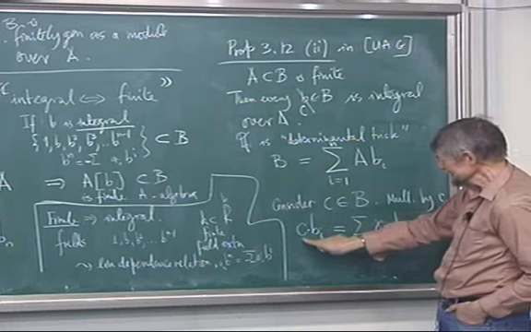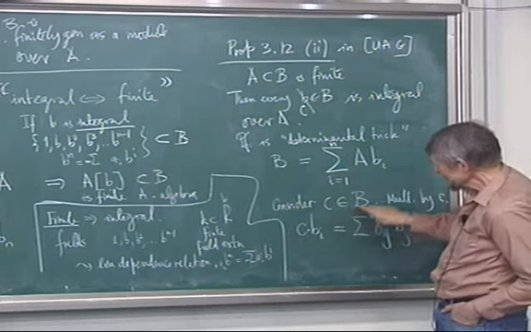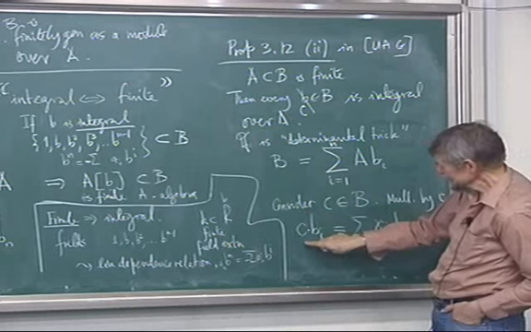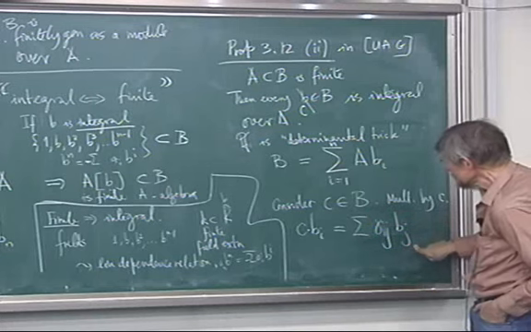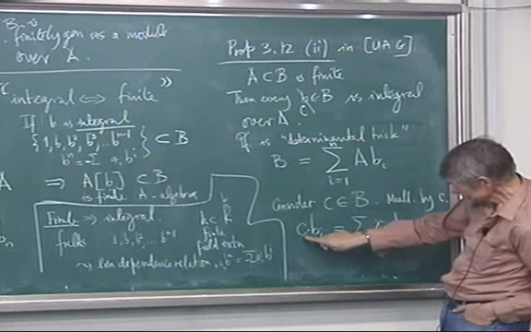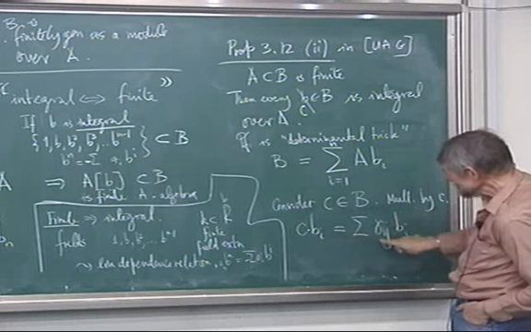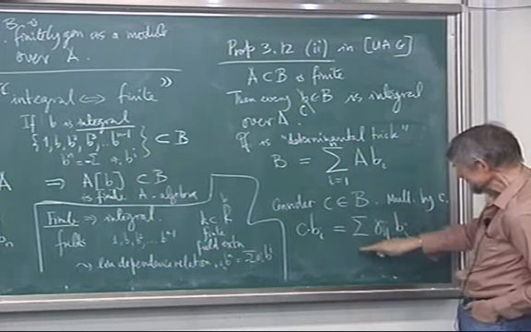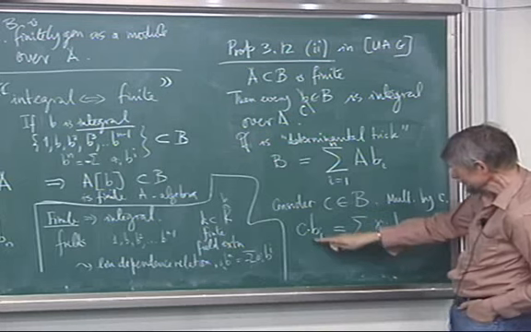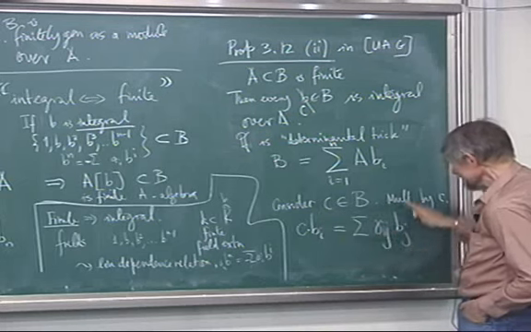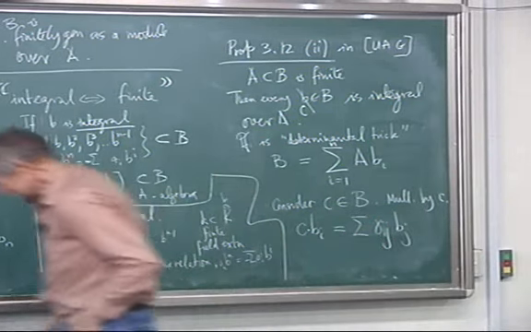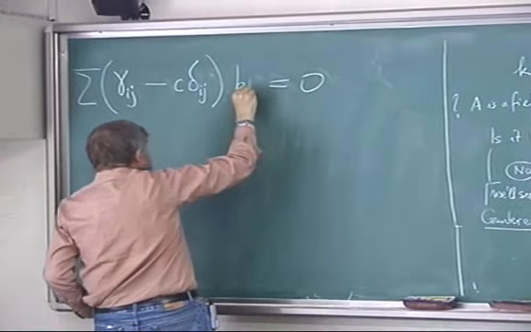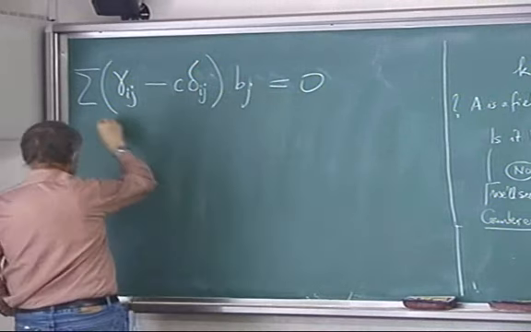And so I consider c as a method of multiplying inside B. So c times b_i is this sum of gamma_ij times b_j. And so in other words, I really want to think of this c as a matrix, the matrix gamma_ij. So I apply it to a column vector, and I'm getting this product, the same as this matrix applied to the vector. So I can think of this as a matrix.